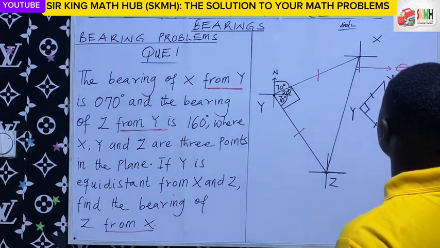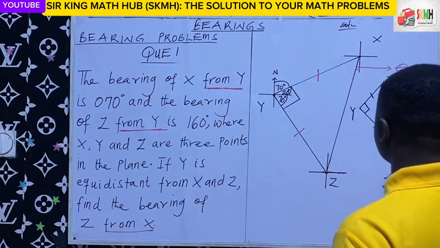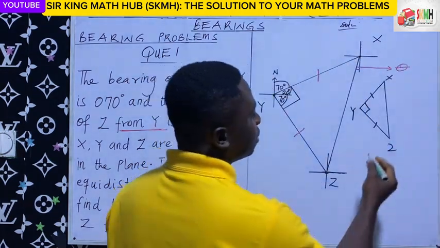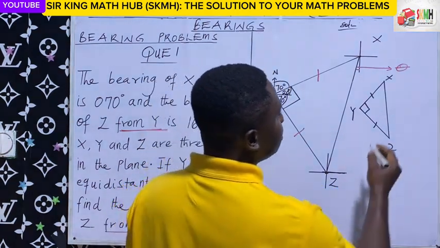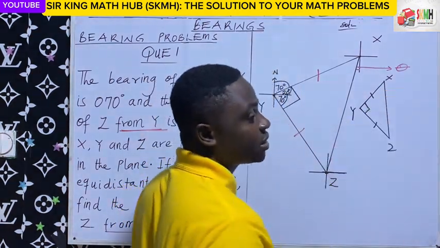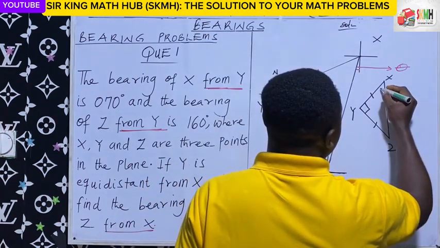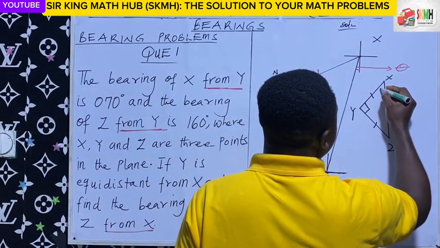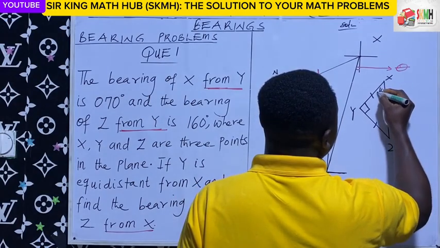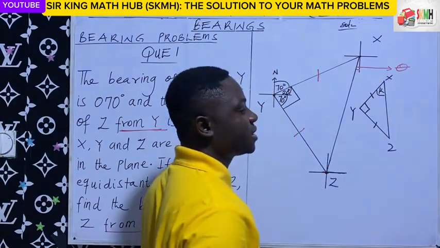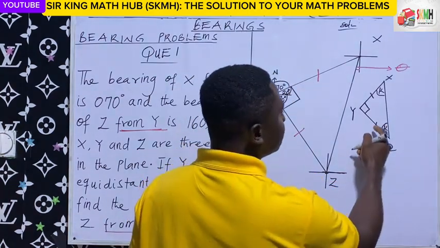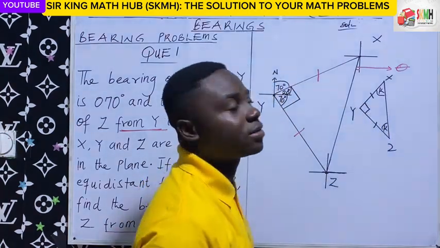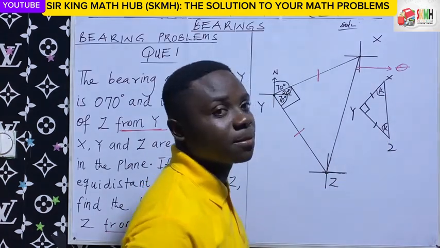Here is Y, here is X, here is Z. What angle should be here? So clearly you could see that because this is an isosceles triangle, I'm representing the angle here as K. If this angle here measures K, then this angle here must also measure K because it is an isosceles triangle. So now let's calculate for K.